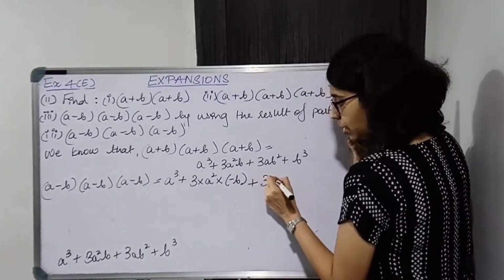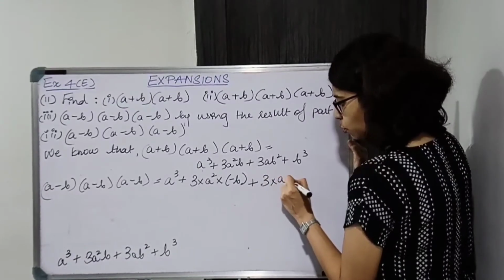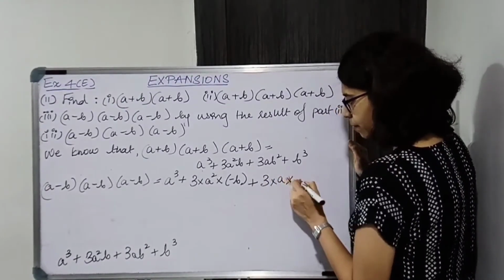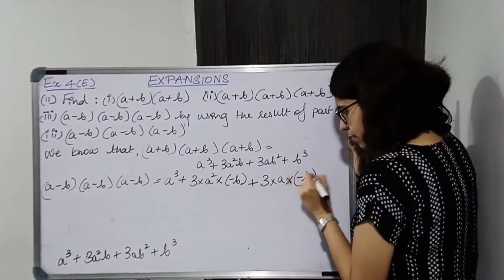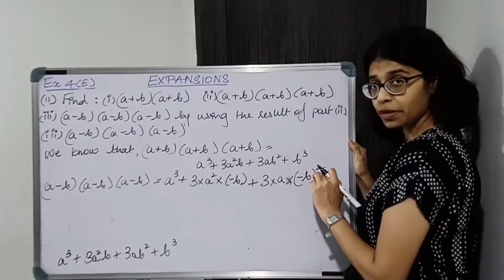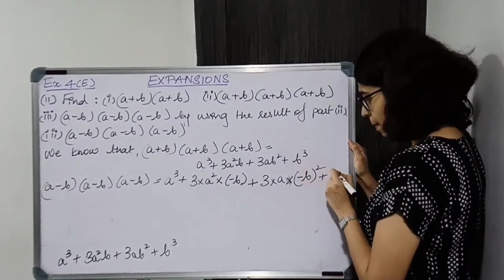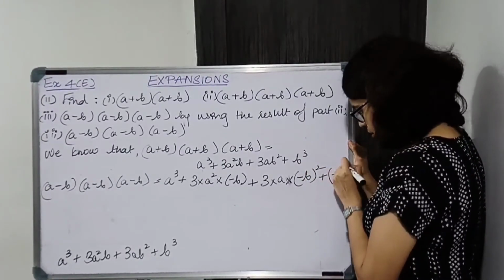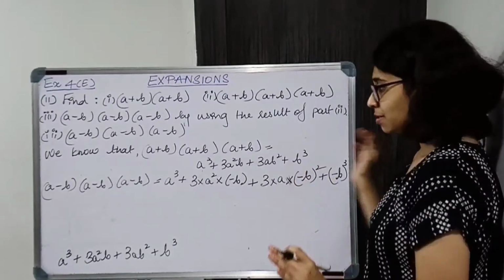Plus 3 into A into minus B square. Write down minus B and then square it. Plus minus B cube. Simple.